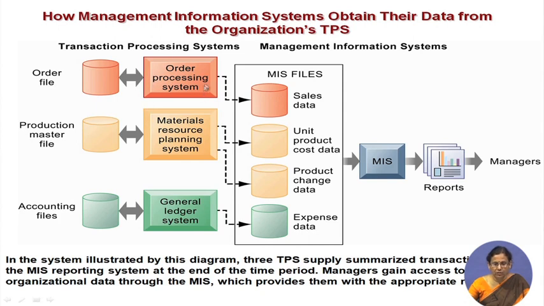Let us say there is one order processing system, you have your material resource planning system, you have your general ledger. From each of these, the data comes to and is stored in the database. Now, it is the work of the management information system to organize this data to create management reports.